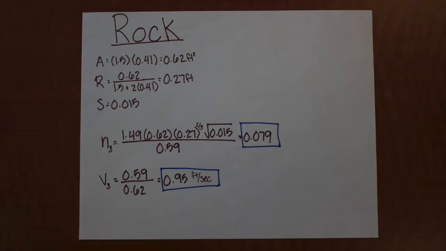And again, our slope stayed the same, so it stayed at 0.015. When we plugged in those values for Manning's N, we came up with a value of 0.079. And for the velocity, which was flow rate over the area, we came up with 0.95 feet per second.